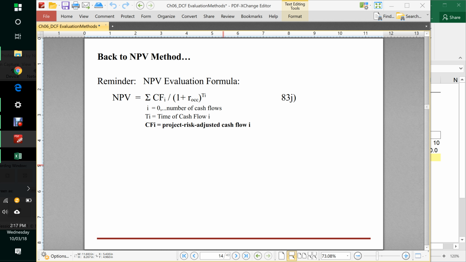Okay, so now back in action with the NPV evaluation formula, and remember, we have our opportunity cost of capital explicitly in here, and we're implicitly remembering that the CFIs are the project's risk-adjusted cash flows.